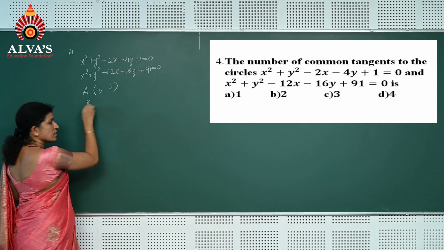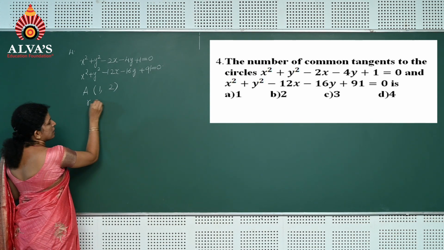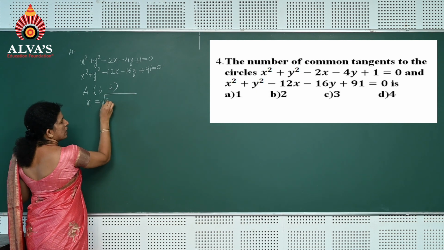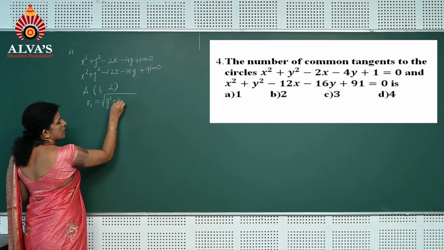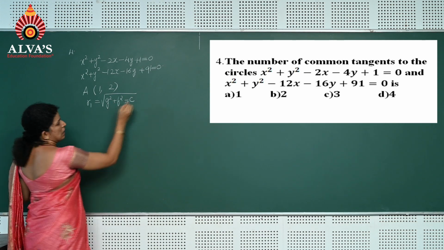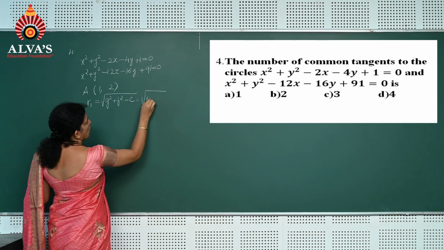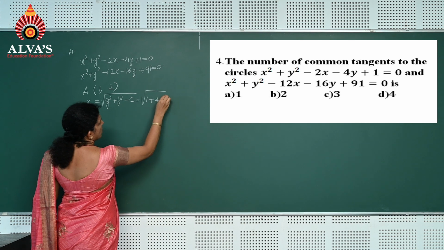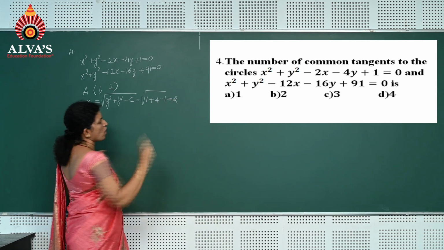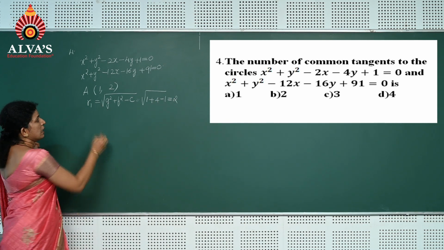Take R1 as the radius of the first circle, that is the square root of g² + f² - c, equal to the square root of 1 + 4 - 1, that is the square root of 4, that is equal to 2.